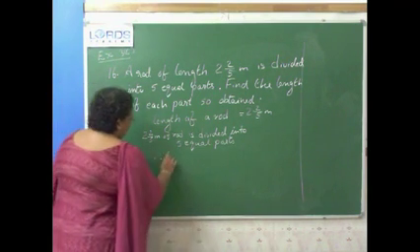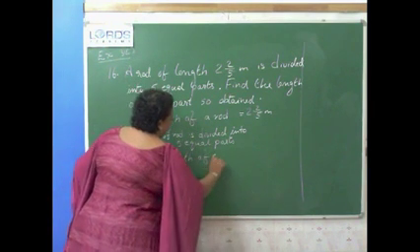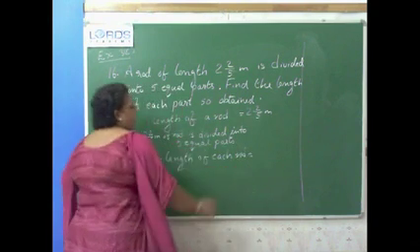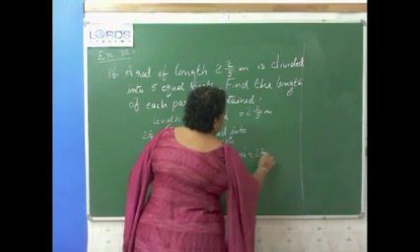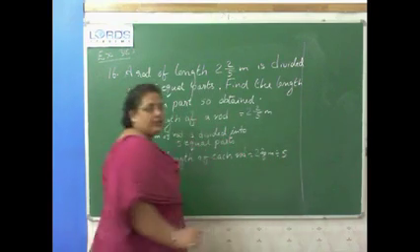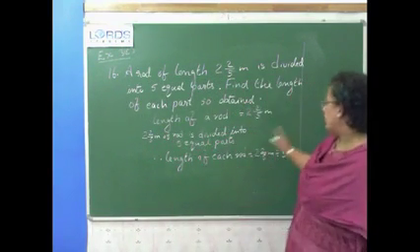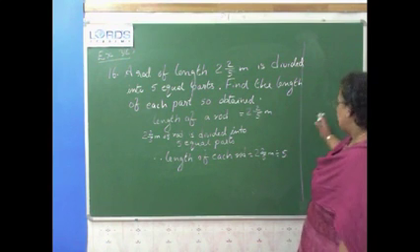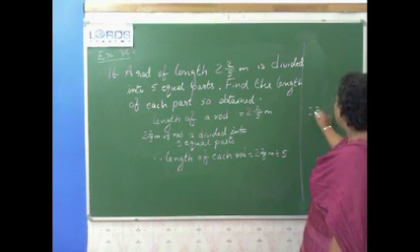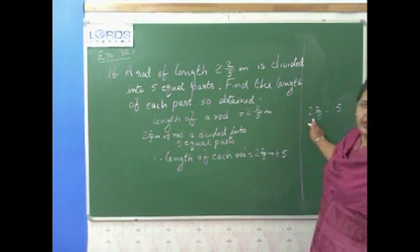Therefore, length of each rod is equal to 2 by 5 meters divided by 5, because it is divided into 5 equal parts. So do the division in the working column, 2 by 5 divided by 5. This one you have to change it.